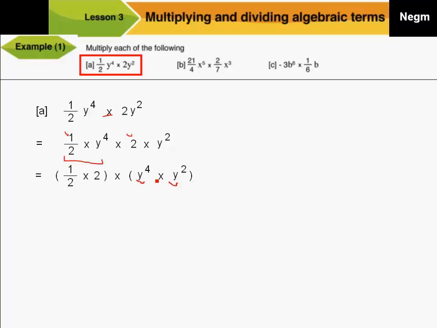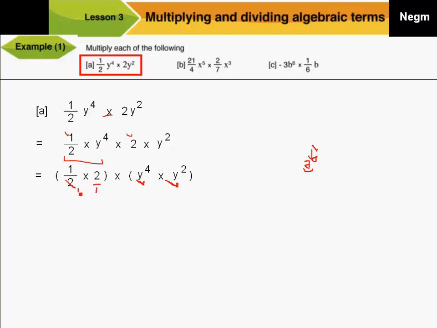In multiplication, if the base is the same, the base here is y and here is y, so we have to add the powers. What is the base? If I told you a to power b, a is called the base, b is called the index or power. So here 2 is 2 over 1. It can be written in the form of a over b.